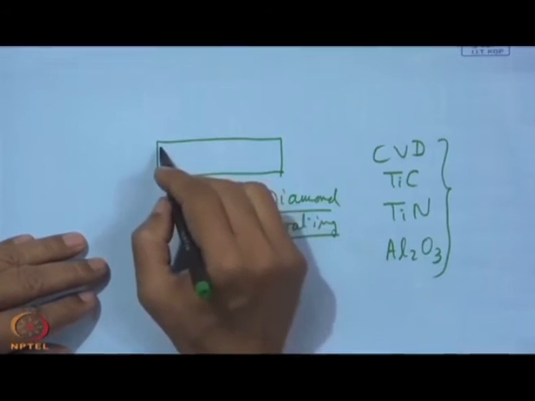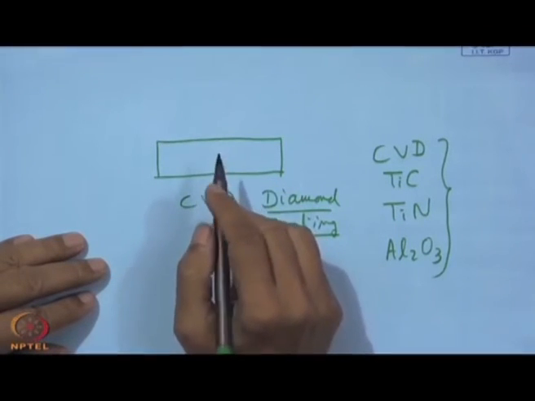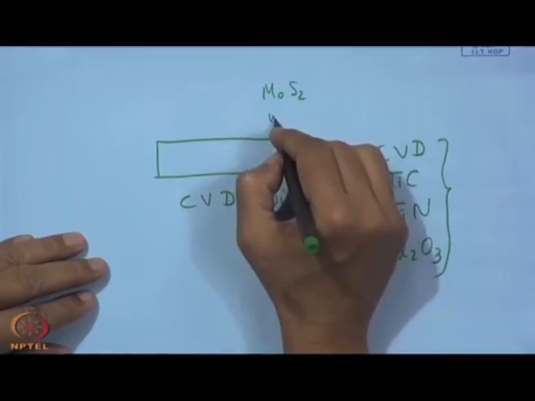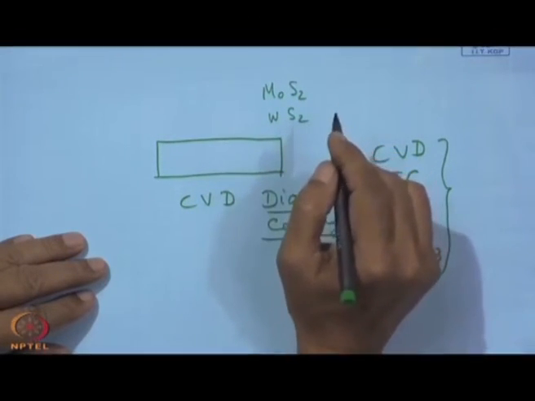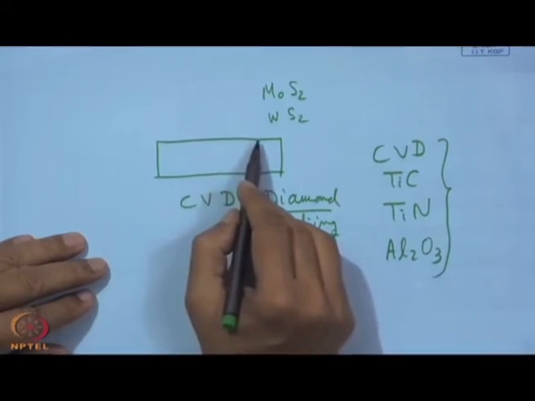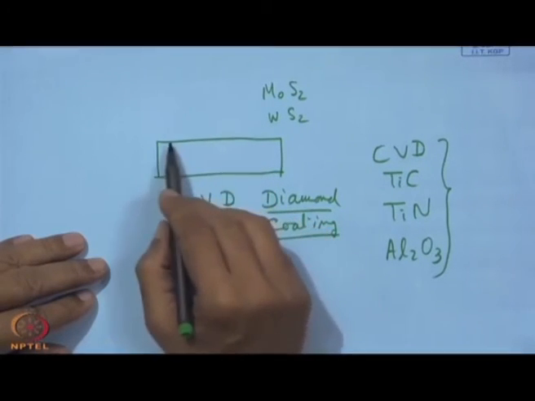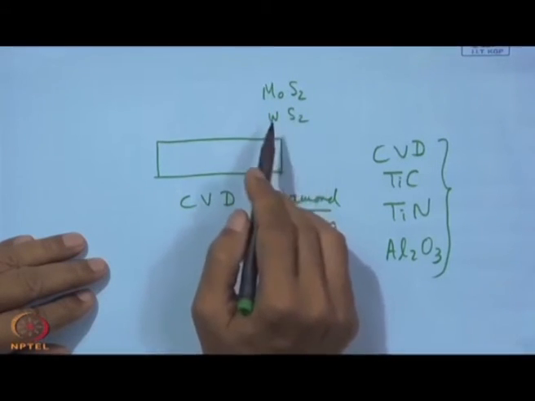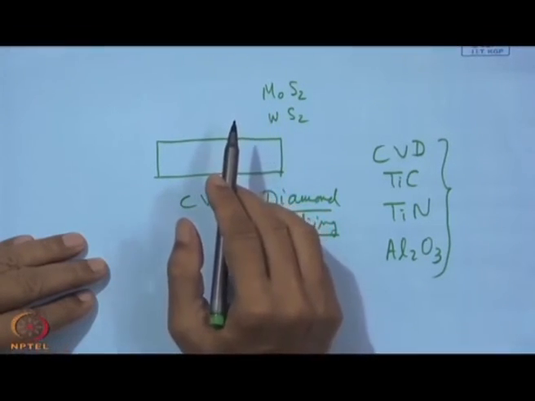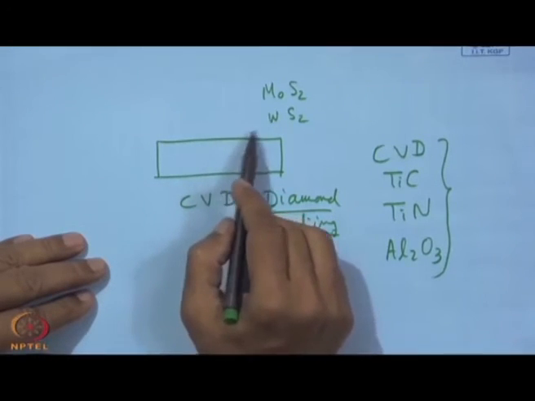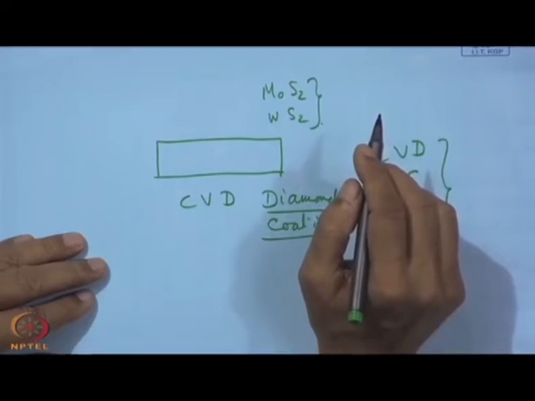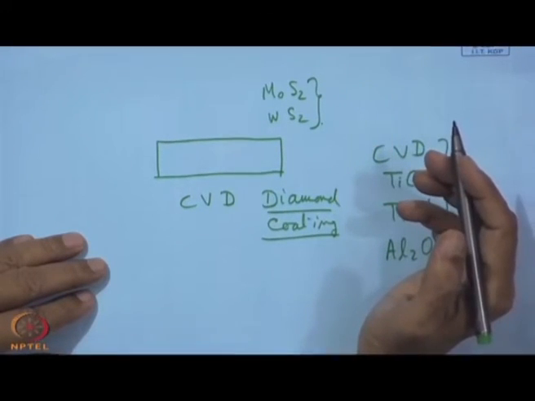So what is the current attempt? Over this diamond coating, a coating of MoS2 or WS2 can be deposited, and that can fill the cavities, the valleys, giving a smooth surface. That coating can be inert towards materials like aluminum, and at the same time it gets a very hard support because it is diamond.